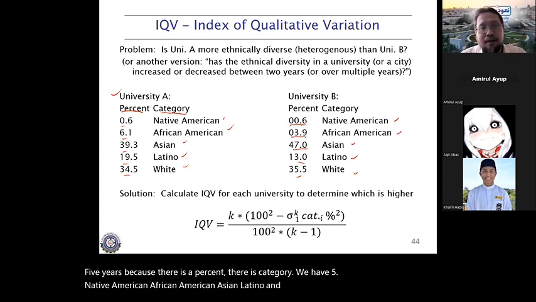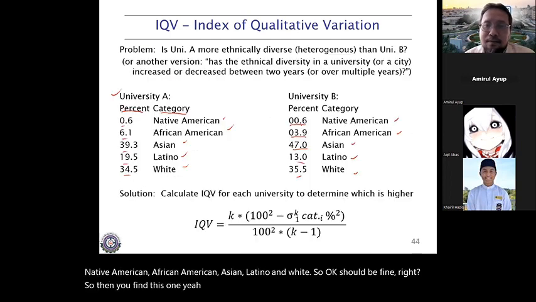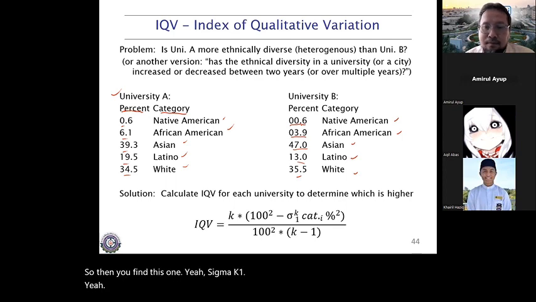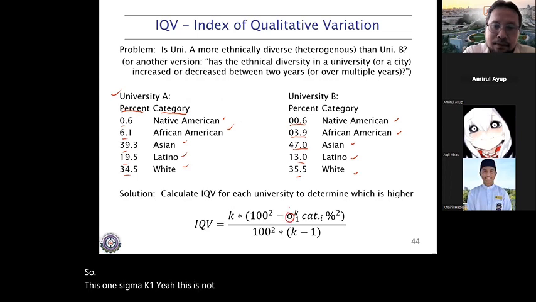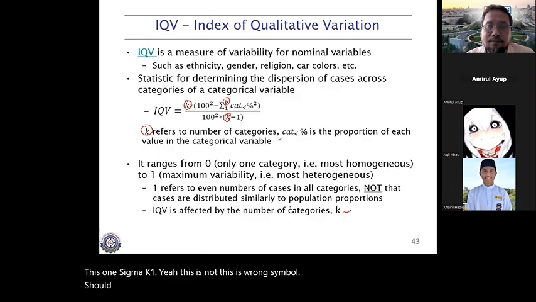So K should be 5, right? Then you find this sigma. This is the wrong symbol here; it should be sigma.